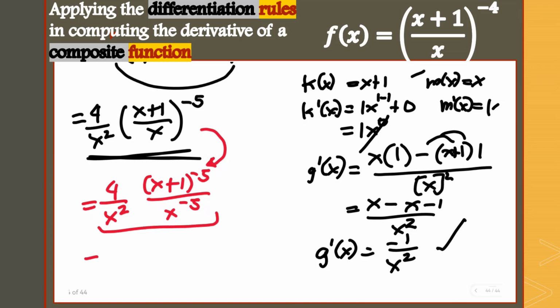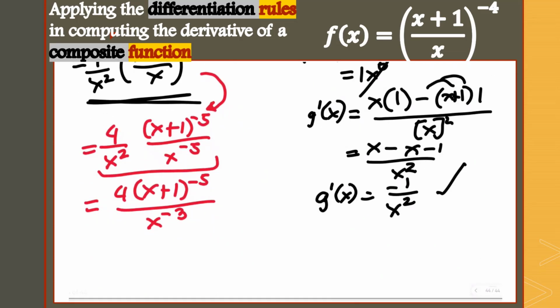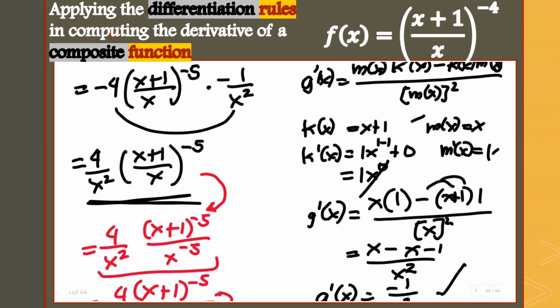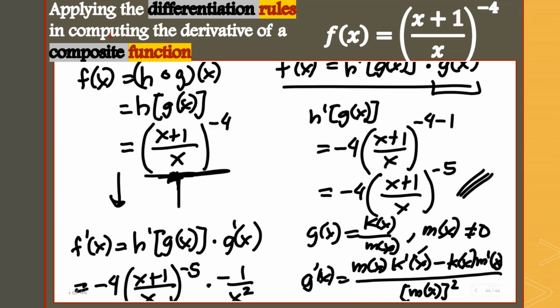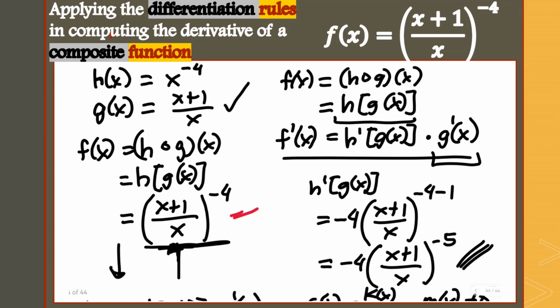With combining the two, you will have 4 times (x plus 1) raised to the power of negative 5 over x to the power of negative 3, or you could just simply exchange them so you have positive exponents. You have 4x cubed over (x plus 1) raised to the power of positive 5. This is also another answer using the laws of exponents, but if this is until here, probably that's already okay. This is how we solve this expression using the chain rule involving a rational expression.